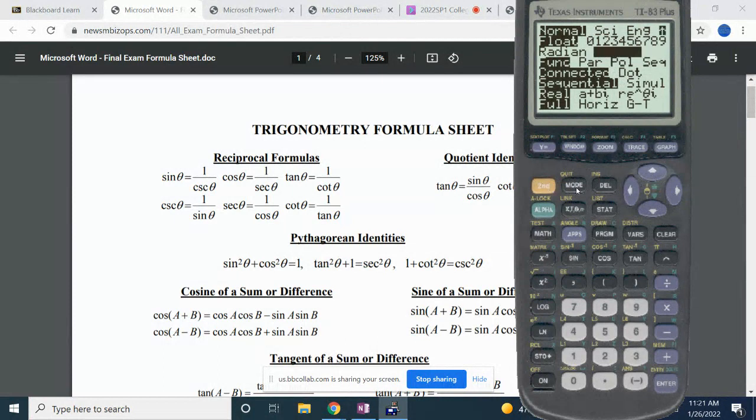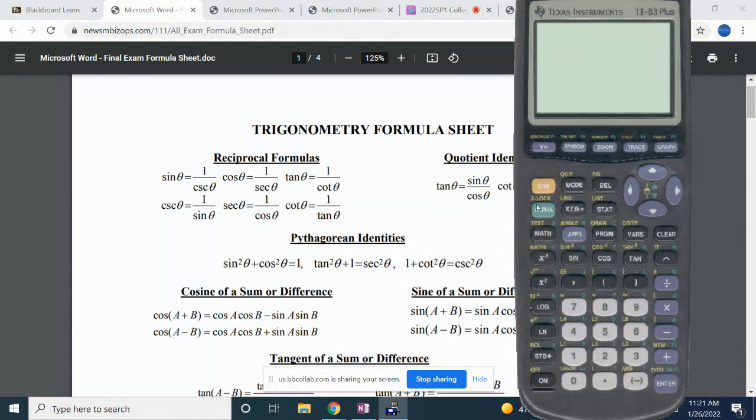So now my calculator is in degree mode. So for example, if I wanted to find, let's say, the sine of 30 degrees, because I'm in degree mode, notice I have 0.5. I can also find, let's say, the tangent of 45 degrees, right? That's equal to 1. And I can also find the cosine of 60 degrees, which is, again, 0.5.